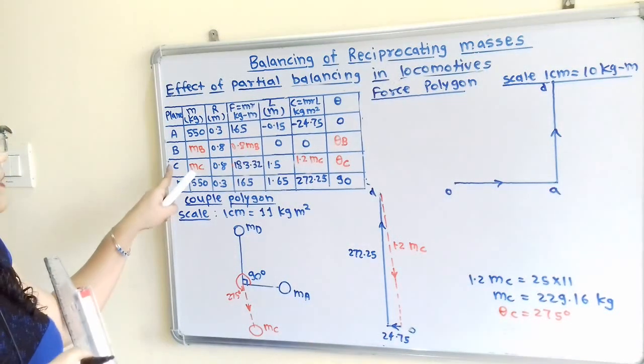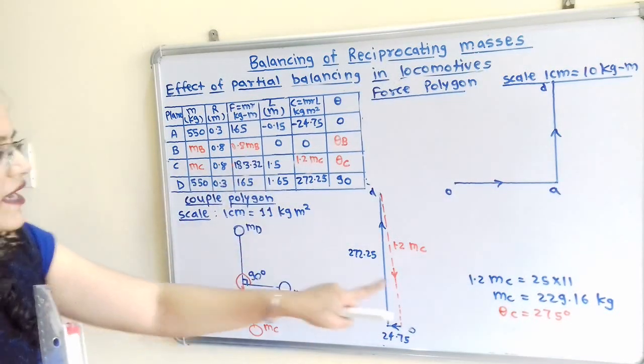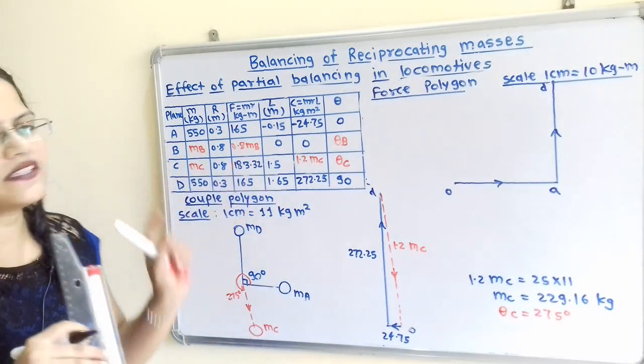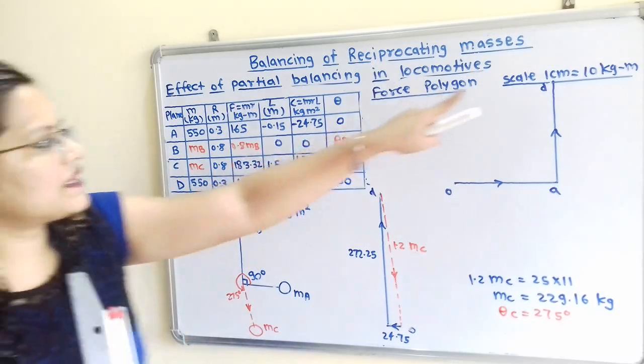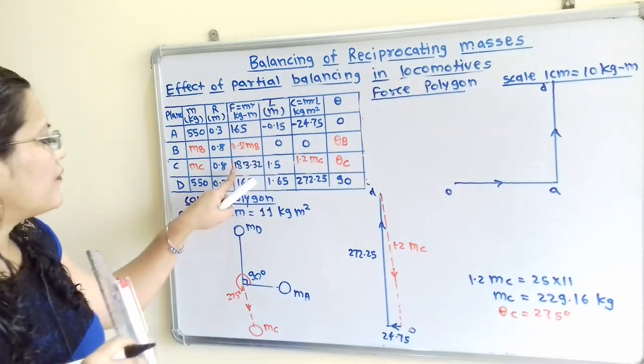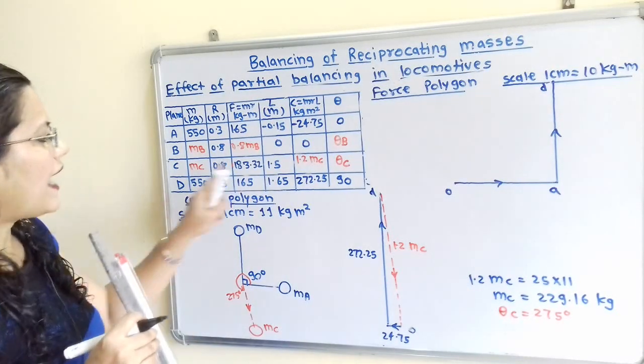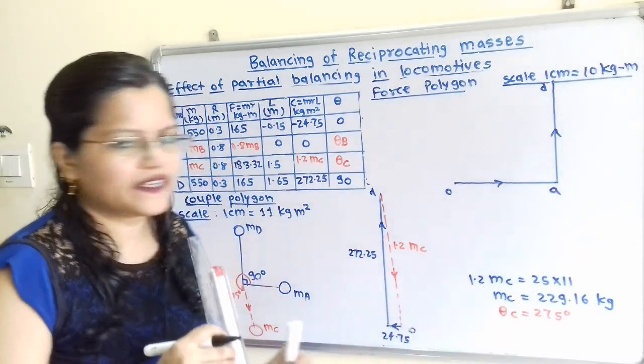Now the next term is for plane C. We have calculated this 0.8 into MC, that is 183.32. As per this scale, this is equal to 18.33 centimeter. Now angle theta C is 275 degree.